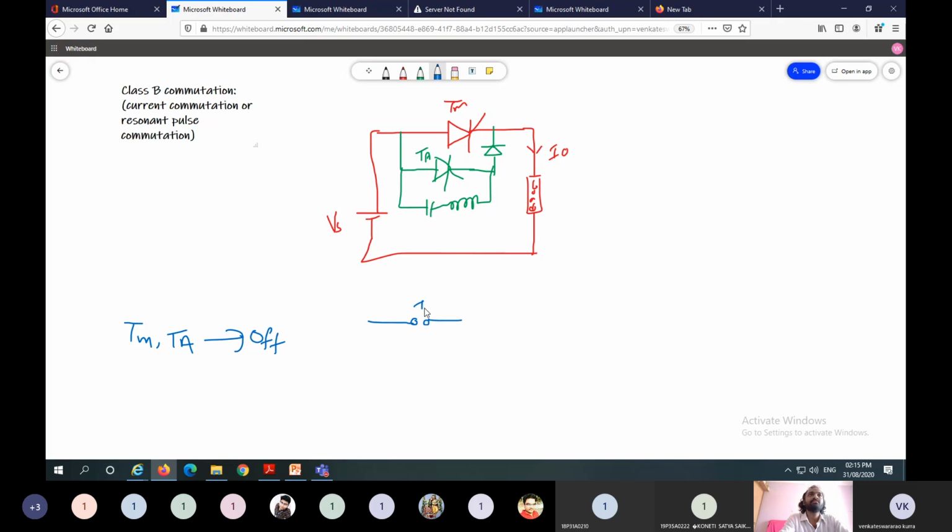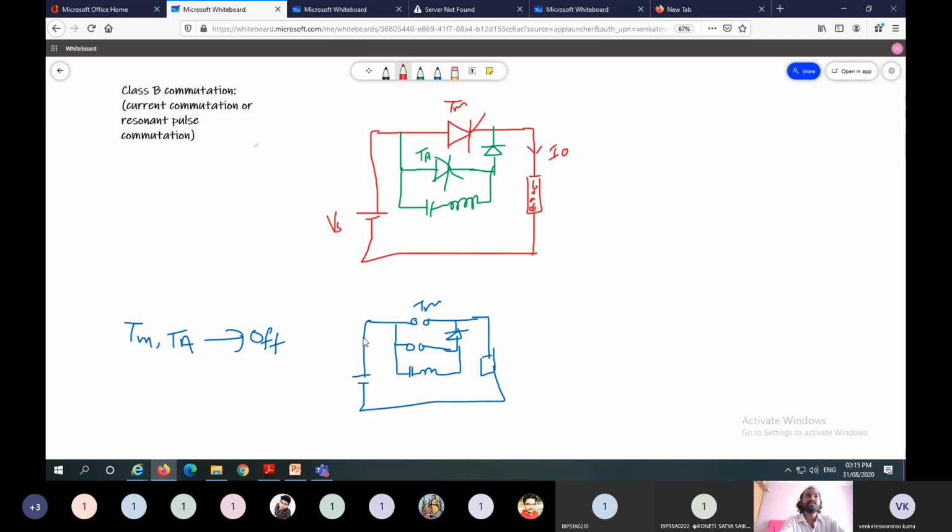This one is TM, so it acts as an open circuit. Here TA also acts as an open circuit. And this one is the diode, this one is the capacitor, this one is the inductor, this one is the load, and this one is the source voltage Vs.